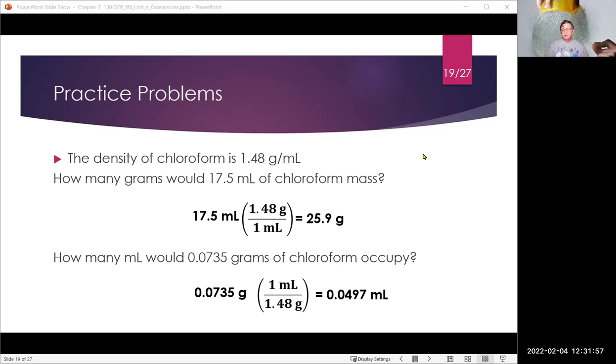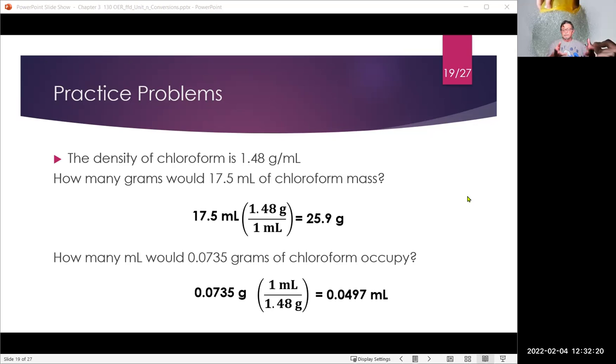In this scenario, we don't have a lot of tools. Well, we do have tools that can measure that small volume, but not with that accuracy. But we do have balances that can weigh out 0.0735 grams. And if needed, we can calculate the volume it occupies for whatever reason. And it has a volume of 0.0497 milliliters.